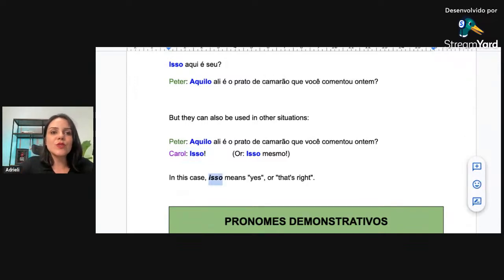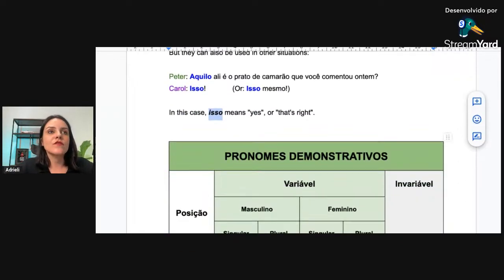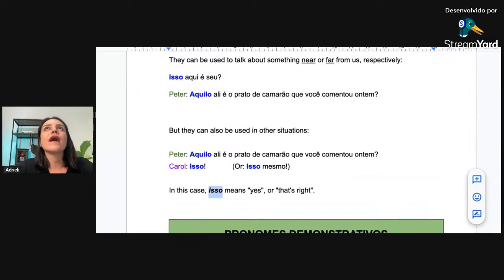This pronoun isso can be used to agree, to answer correctly to something, to answer affirmatively to something. Okay, isso. So, for example, imagine someone says, você é dos Estados Unidos? And then you answer, isso. That's it. That's right.